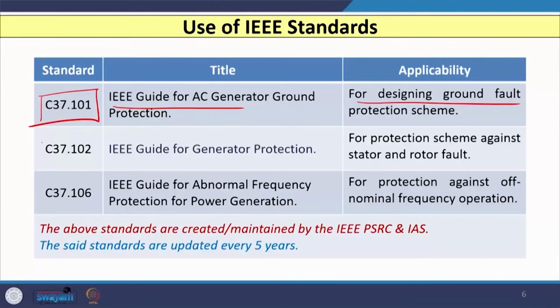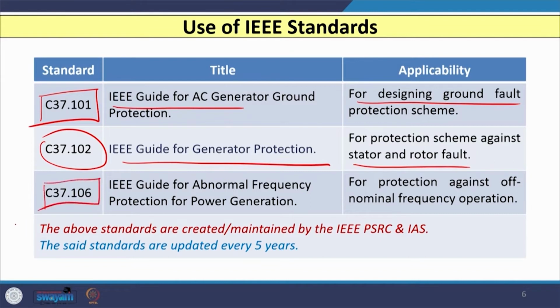The other standard is C37.102, and this is a complete guide for generator protection, and this we can use for the designing of the protection scheme against the faults that are going to occur in the stator as well as the rotor circuit. Then we have C37.106, which is the IEEE guide for abnormal frequency protection in power generation, and this is used for protection against off nominal frequency operation.